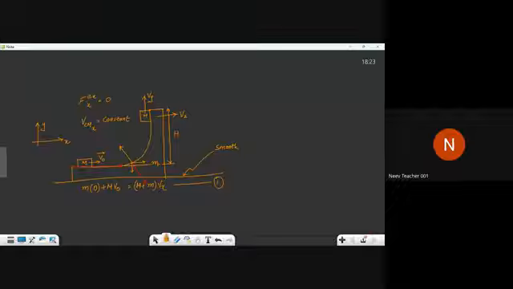Initial momentum of the system is small m into 0 plus capital M into V0. As I'm conserving only along X direction, I'll keep it as it is, V0 in X direction, without the bar.